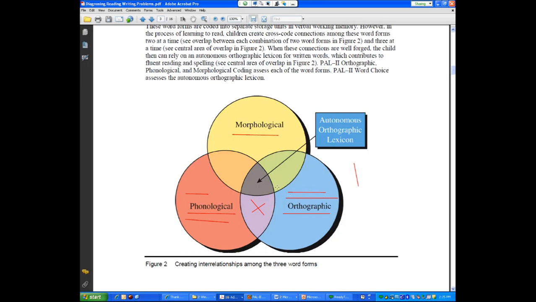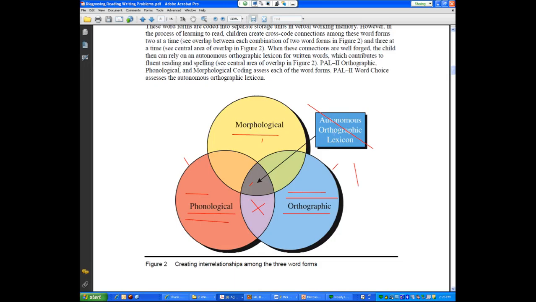If we create these cross-code connections between the phonological, the orthographic, and the morphological, this connected piece right here is the autonomous orthographic lexicon, and that is what allows us to name words fluently.